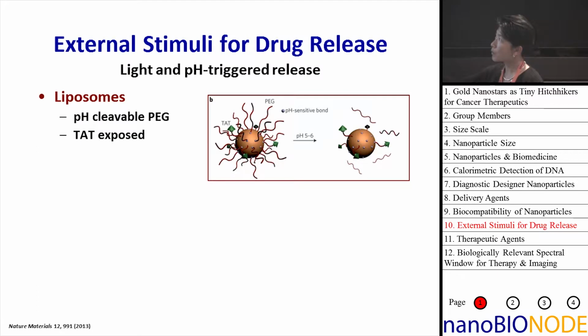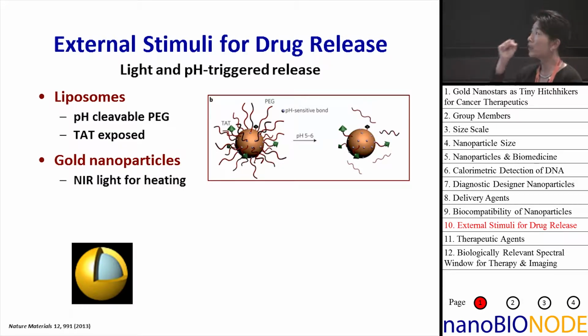And so they also put polyethylene glycol on the surface. You have this TAT peptide sequence, and this sequence is very good at penetrating cells. And so they were able to put their drug molecule here, and then as you change the pH, then all of these things can be released. So I show you this example because you can use pH to be able to release drugs from these types of carriers.